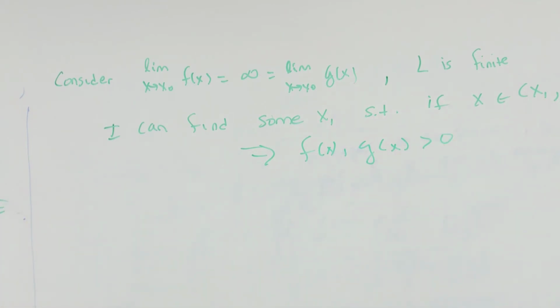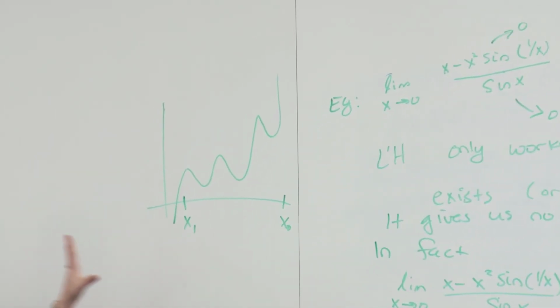Out here, it may be negative at some point, but because this thing goes to infinity, eventually it gets above this line and stays above it. It may still oscillate, but it's not going to come back below this line. So here's my x1. As long as we're between here and here, f and g are positive.